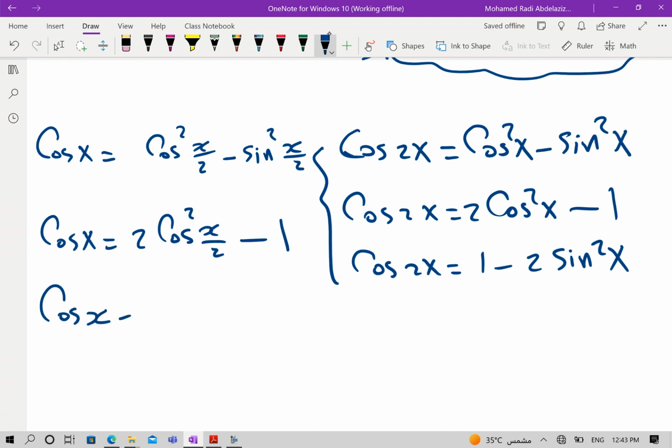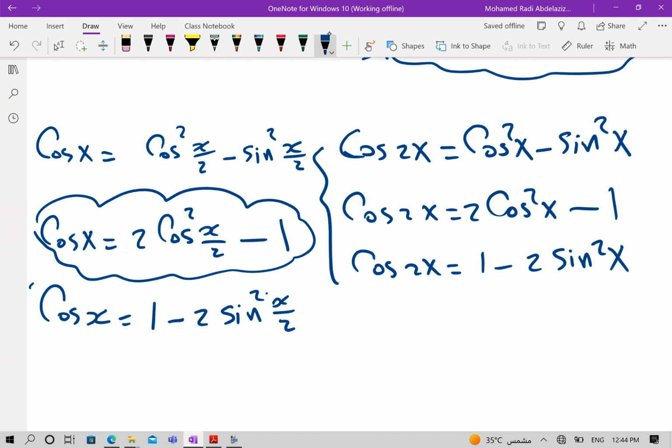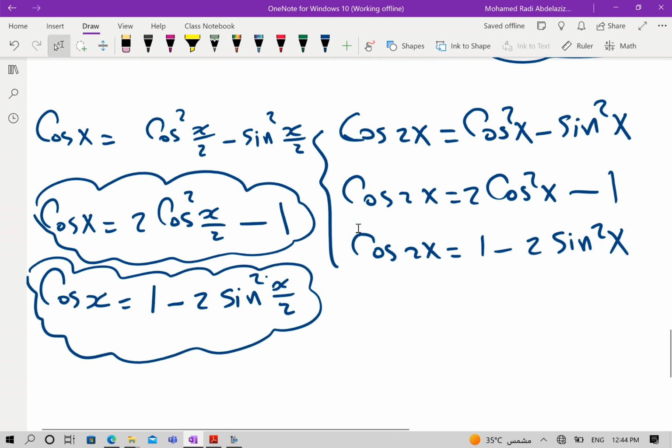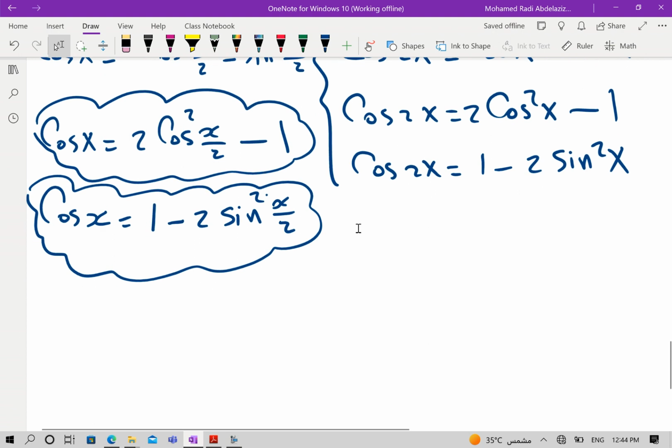Cosine x is 1 minus 2 sine squared x over 2. It's very important, this identity and this identity. Why? From these two equations, you can get sine x over 2 and cosine x over 2 if you have sine x or cosine x.